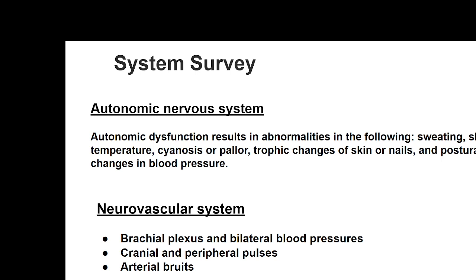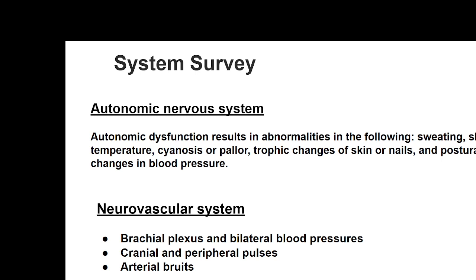But system survey is generalized involvement of the nervous system, like the autonomic nervous system and neurovascular systems, like blood vessels and their abnormalities related to the nervous system, which also have to be examined. Autonomic dysfunction could be presented as symptoms like sweating abnormalities, either excess or absence of sweating. Temperature of the body also can be related to abnormality of the nervous system, which we'll discuss later on.